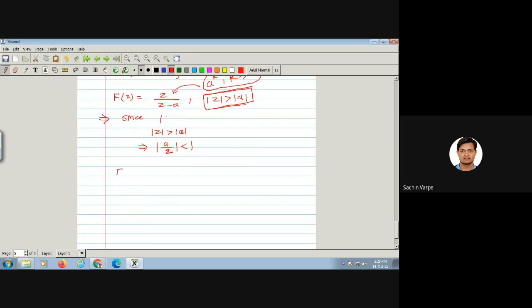F of z is given to be z upon z minus a. To get the a by z term, I'll have to take z common from the denominator, right? 1 minus a by z there. z will get cancelled. What do I get here? 1 upon 1 minus a by z. Is this clear?